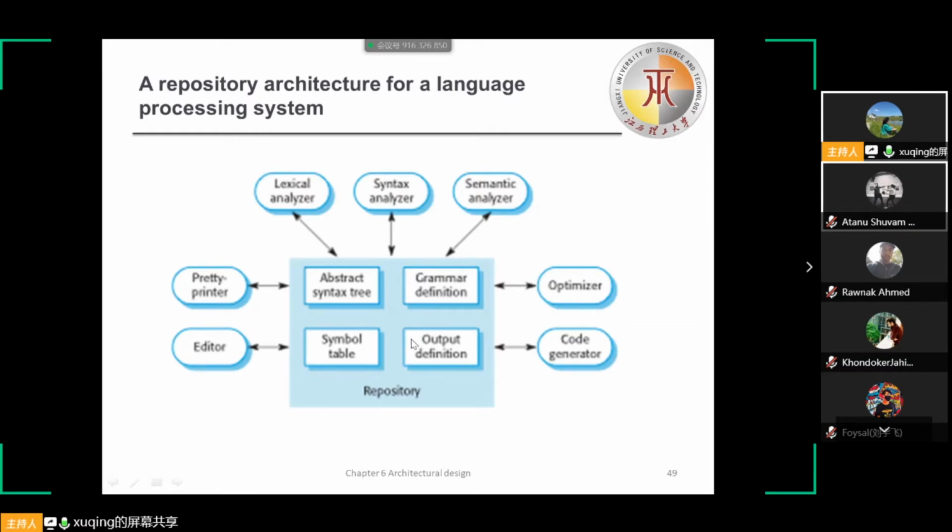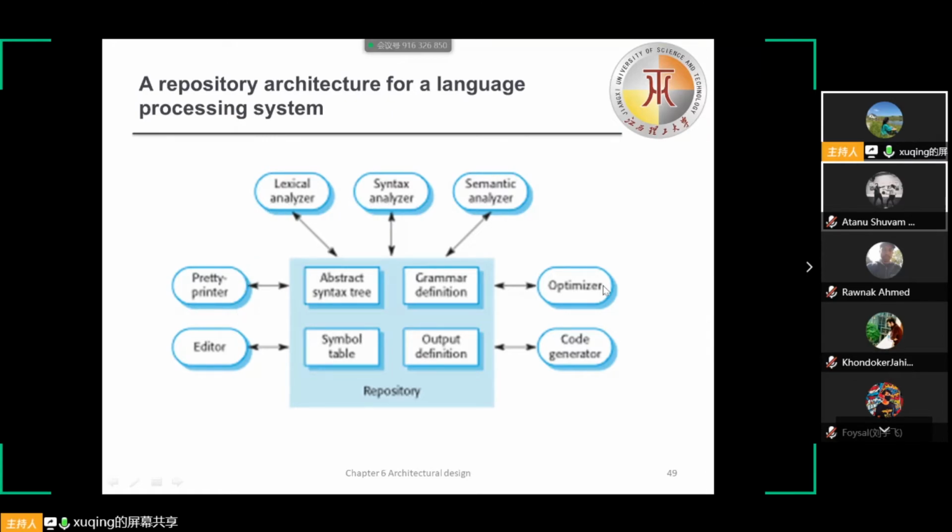Here, this figure shows that sometimes it's better to organize the system around a repository like this. Here we illustrate how a language processing system can be part of an integrated set of programming support tools. In this example, the symbol table and the syntax tree act as a central information repository.